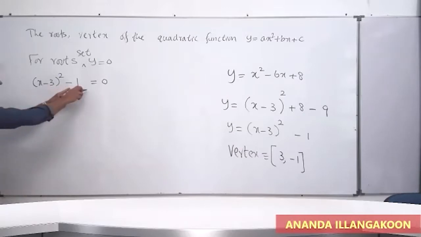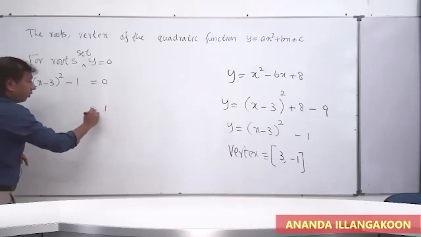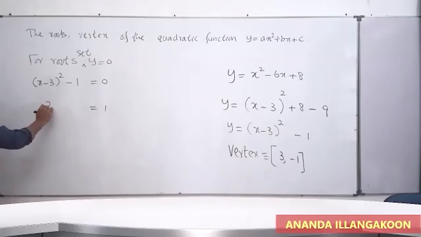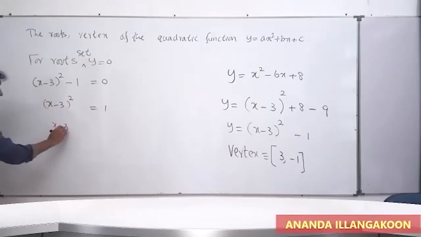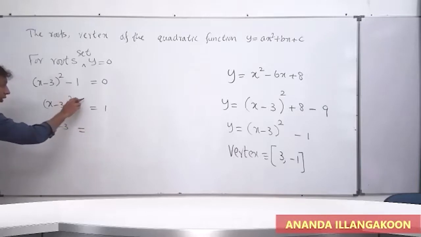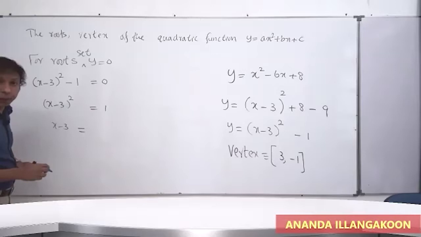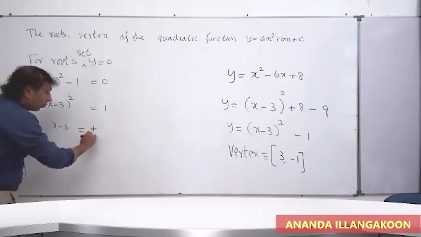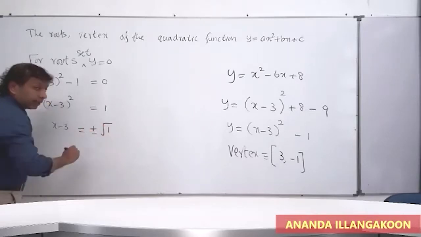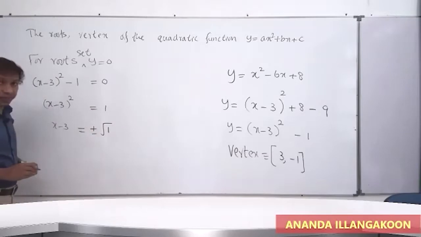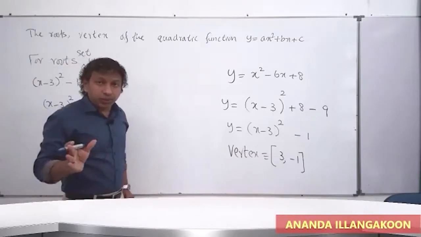Once I bring this minus 1 to the right hand side, we get plus 1. Then we get x minus 3 perfect squared equals 1. Now I can make x minus 3 the subject. The square we can eliminate by taking the square root on the right hand side. Once we put the square root, we have to put plus or minus on the right hand side. Then the right hand side we have plus or minus square root 1.